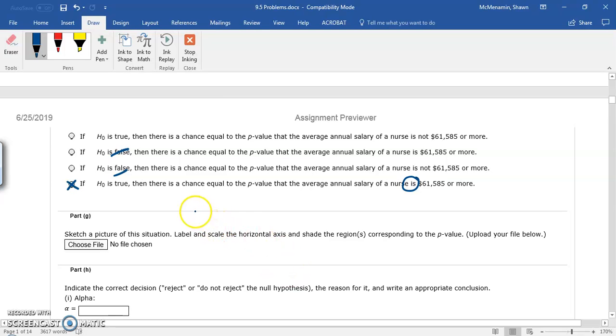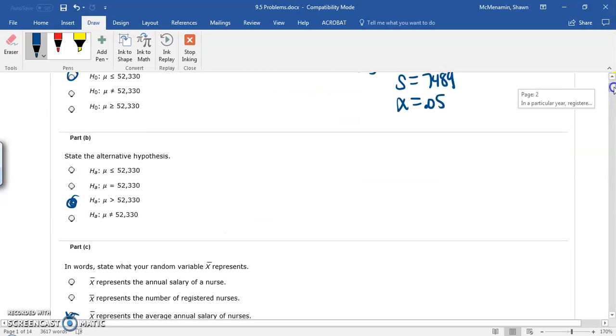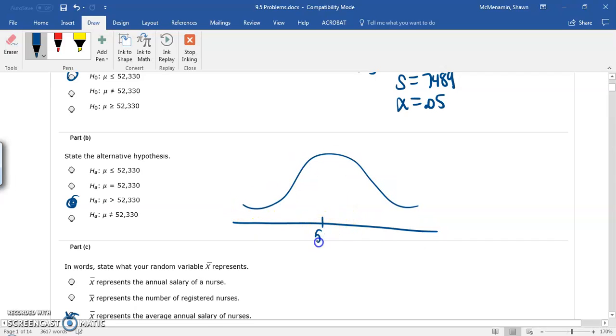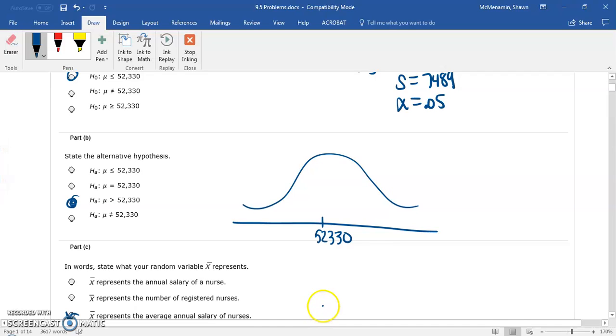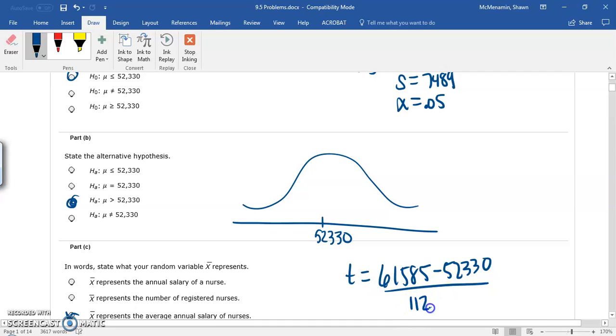The idea behind that is you have your population, which is 52,330, and your standard error, I think it said 1129, so you could calculate your test statistic by doing 61,585 minus 52,330 divided by the 1129, and you would get something close to 8.20.